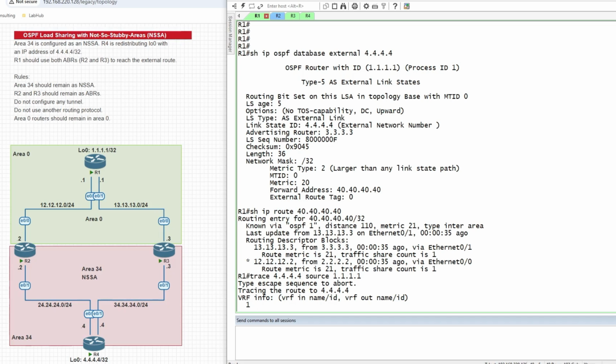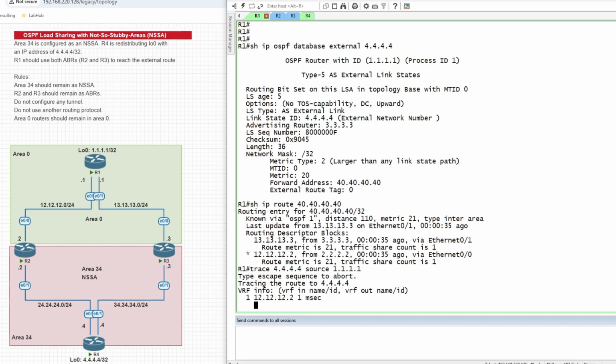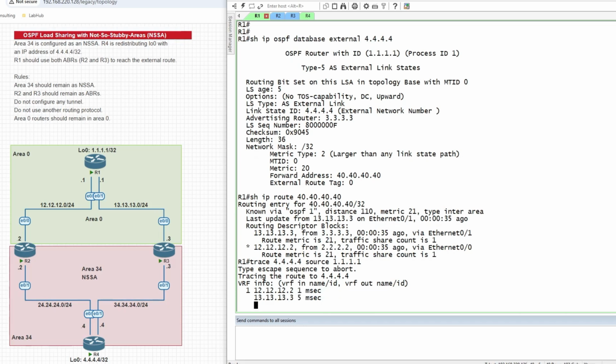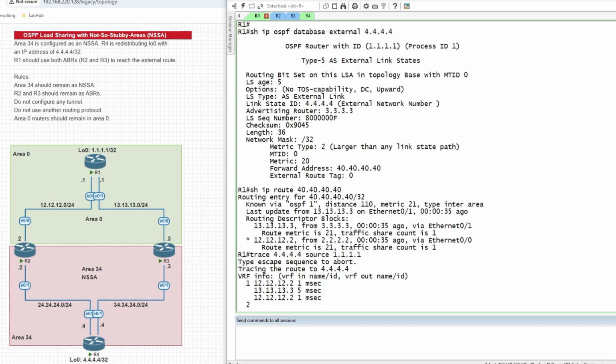So let's look at the outcome of the trace for a minute. So 12.12.12.2 is R2. Then we have 13.13.13.3, which is R3, right? So this is one way to address this.